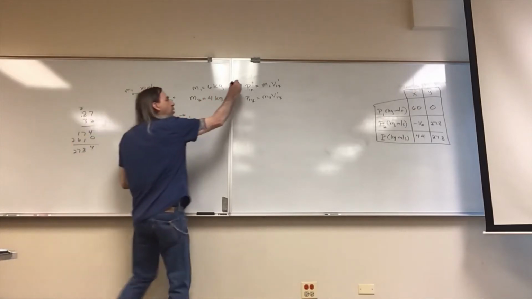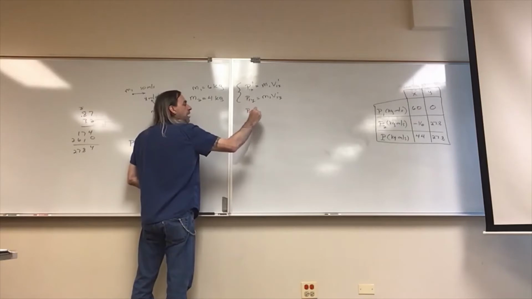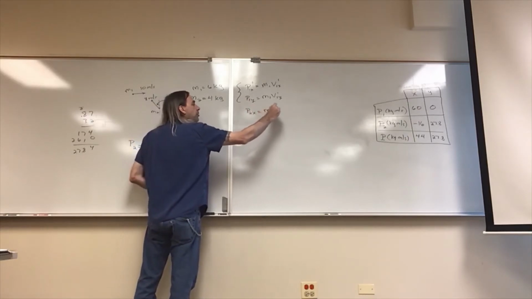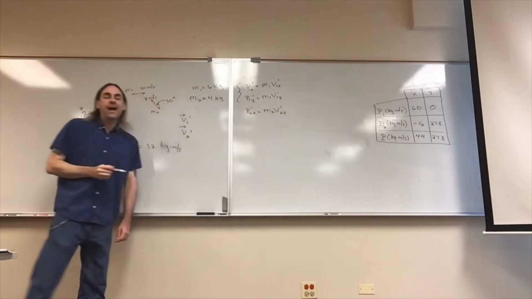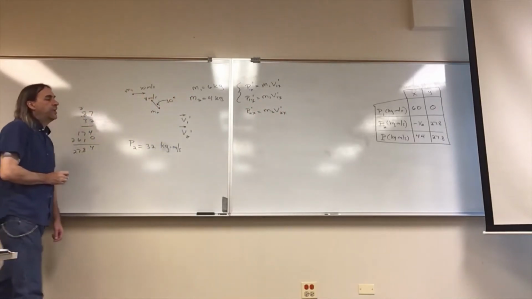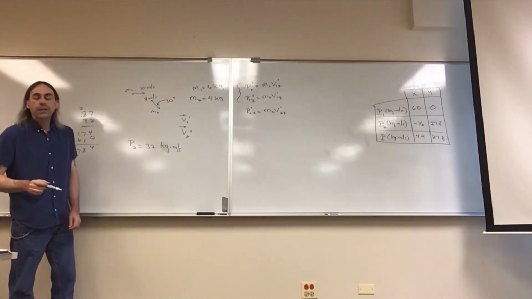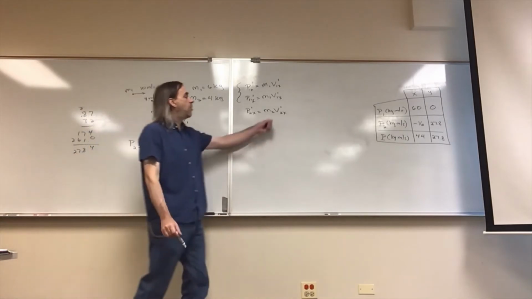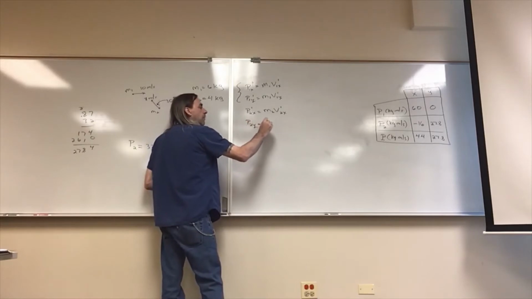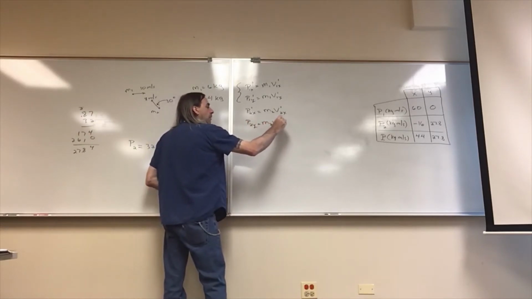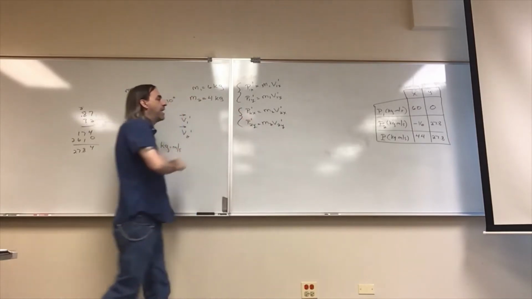And similarly for the momentum, p2, the x component would be m2, these are primed, we're looking at after the collision. So the x component of the momentum of mass 2 after the collision is mass 2 times the x component of its velocity. And similarly with the y direction.